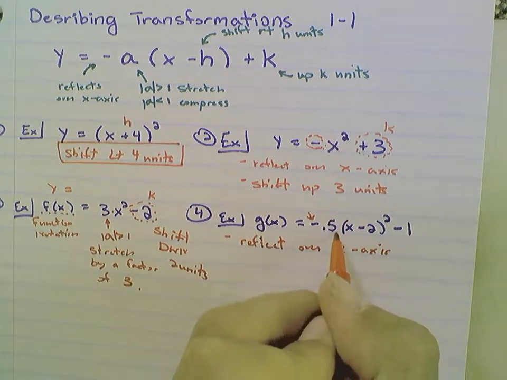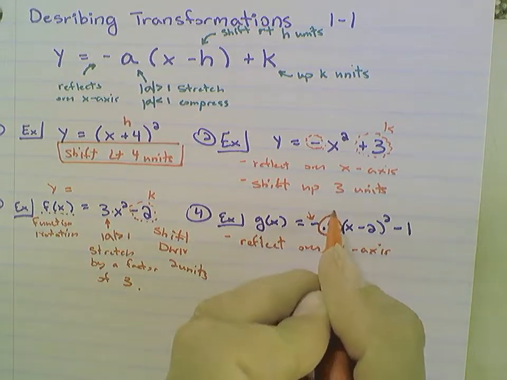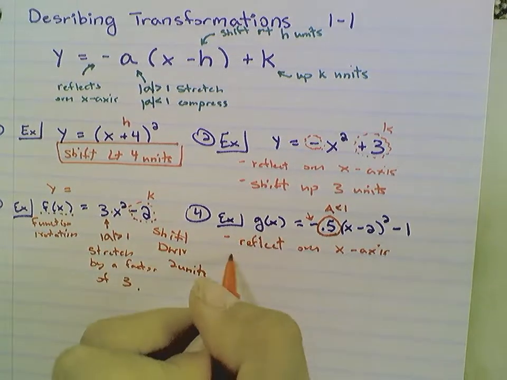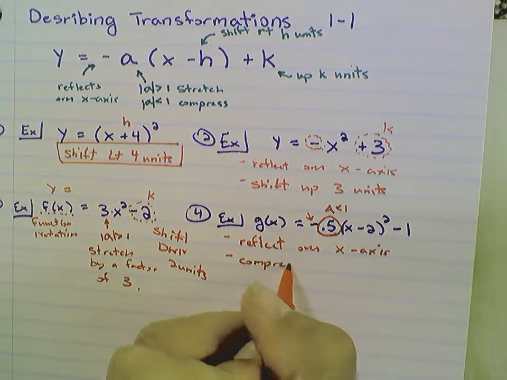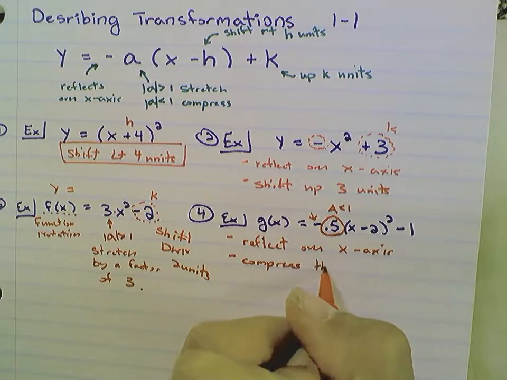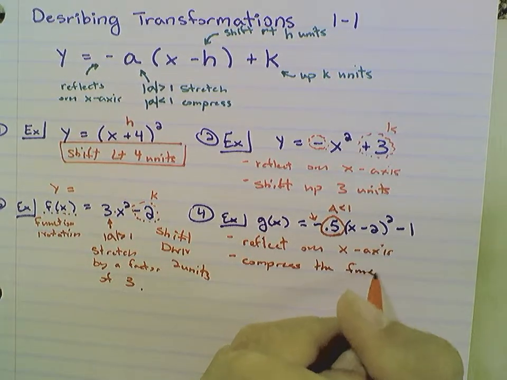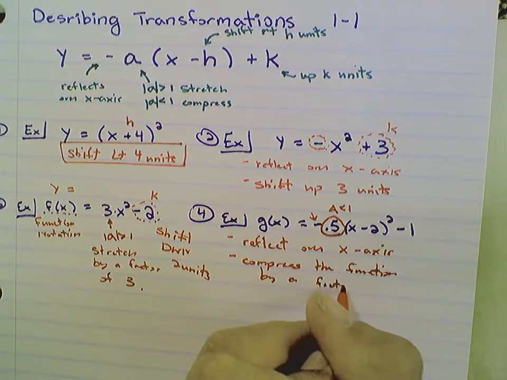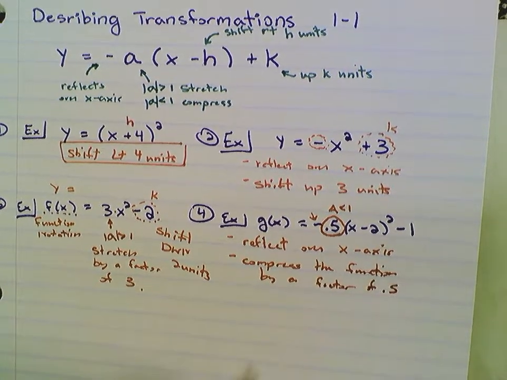The 0.5 is acting like my a, and it's less than 1. So that will compress the graph or the function by a factor of 0.5.